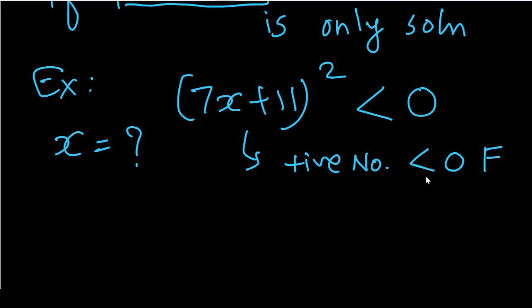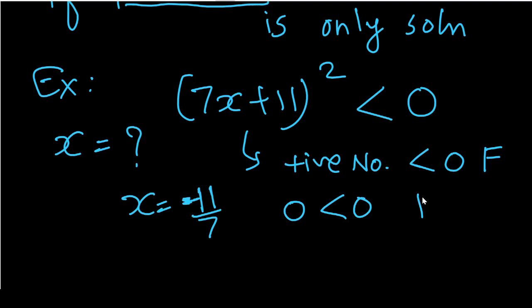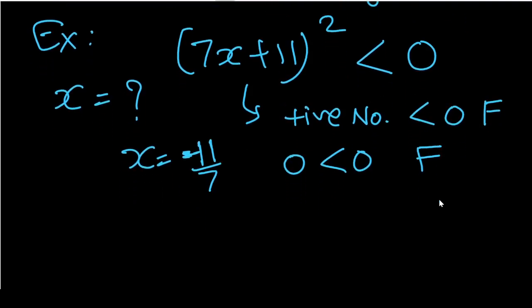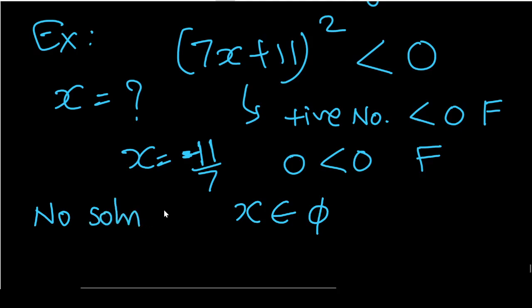Any value of x won't satisfy this inequality, even if you substitute x equals minus 11 by 7. In that case it becomes 0 less than 0, which is again false. So for this kind of inequality there is no solution, x belongs to phi. It is inconsistent.